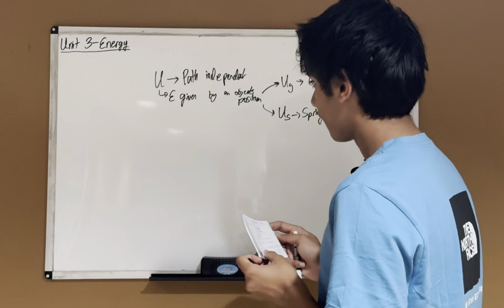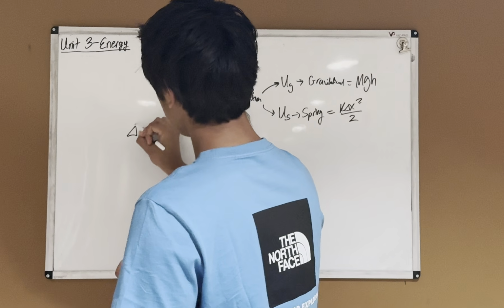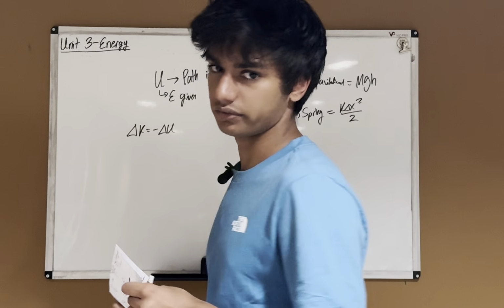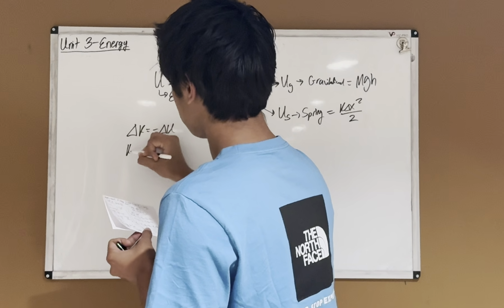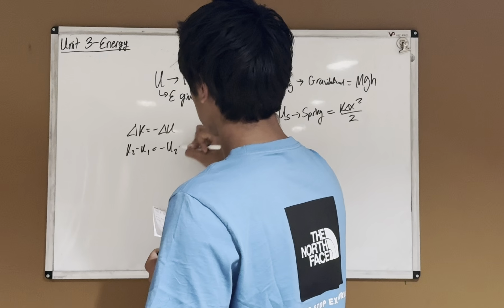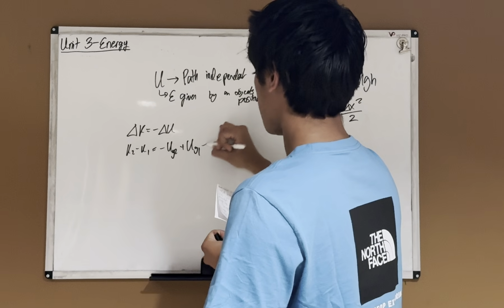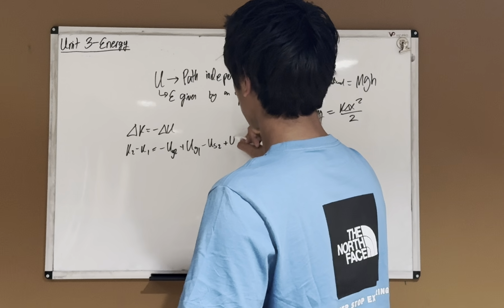And finally, we have the conservation of energy theorem, which states that delta K is equal to negative delta U in a closed system where no energy leaves or escapes. In other words, K2 minus K1 is equal to negative U2 plus U1, or U_G2 minus U_G1 minus U_S2 plus U_S1.